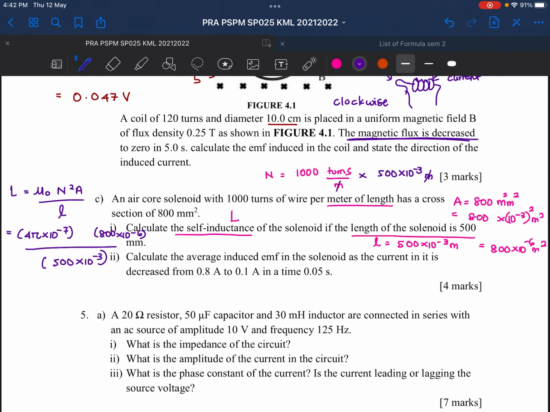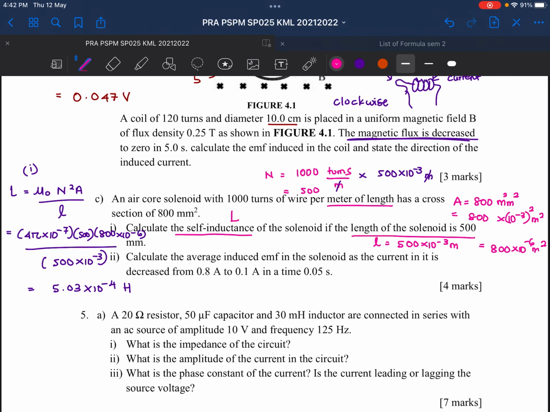So 1000 times 500 times 10 to the power negative 3, you actually get that your number of turns is only 500. So you have to be careful, this one is 500. So your L, I think you will get 5.03 times 10 to the power negative 4 Henry. Okay. Right, so that is for C1.